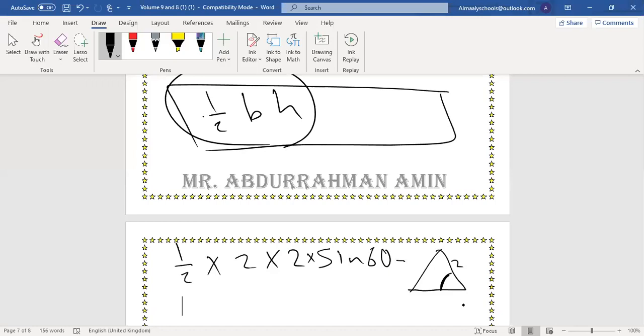Can you find now the area of this triangle? You can use your calculator to find it. Do you have a calculator? 1.6. 1.6 is the area of what?